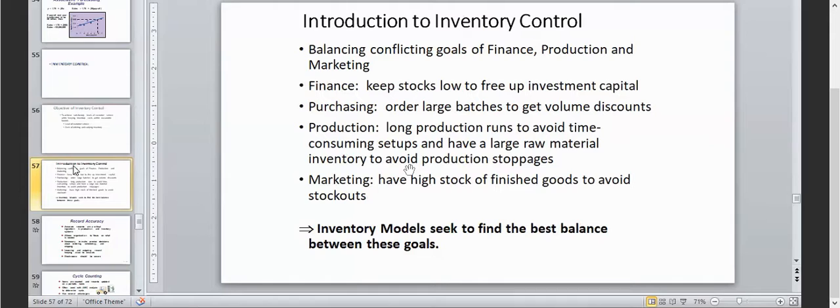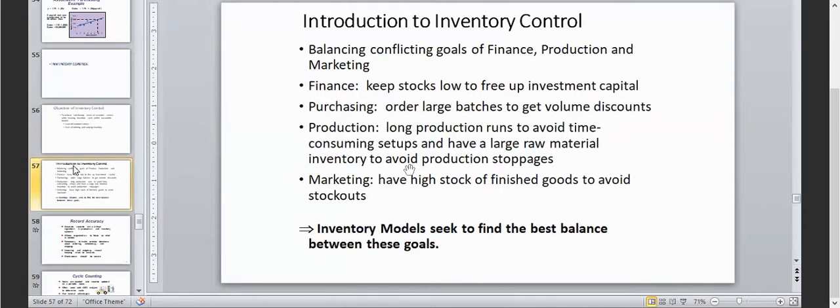It is very challenging to balance the goals of, for example here, finance, production, marketing, and we can name other departments like supply chain, warehousing, purchasing. Each of these departments or functions in the organization has different goals. So when controlling the inventory, there will always be conflict between these functions or departments.